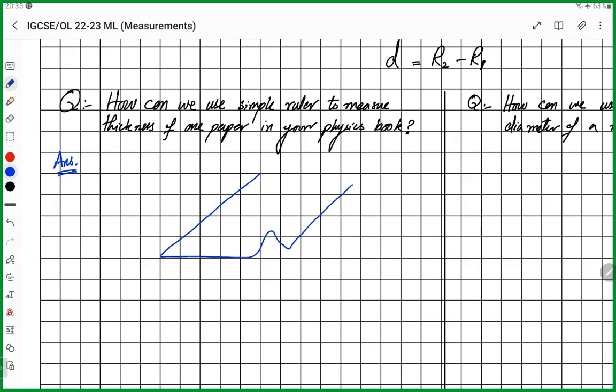Good, very much like that. But why do you take 50 papers? Why don't you take the whole book? The more pages, the more accurate.